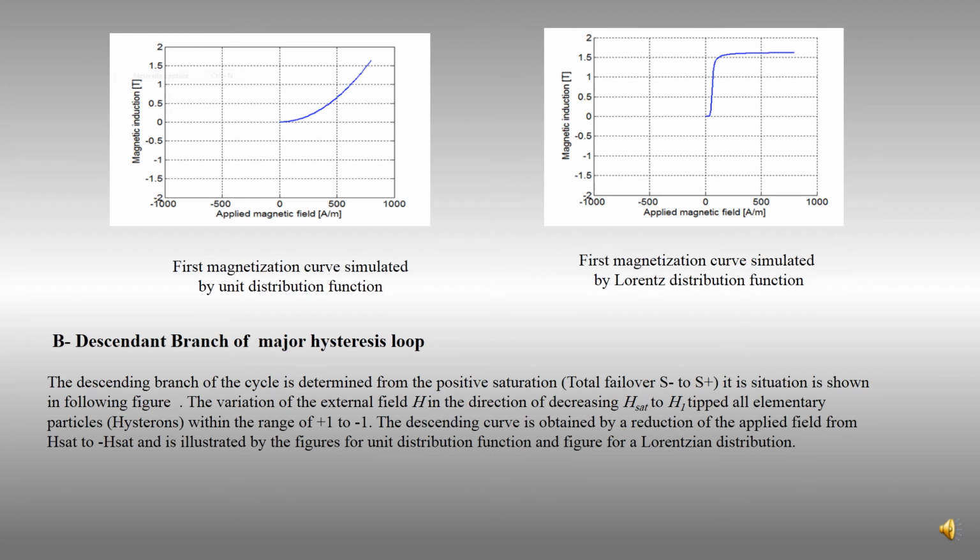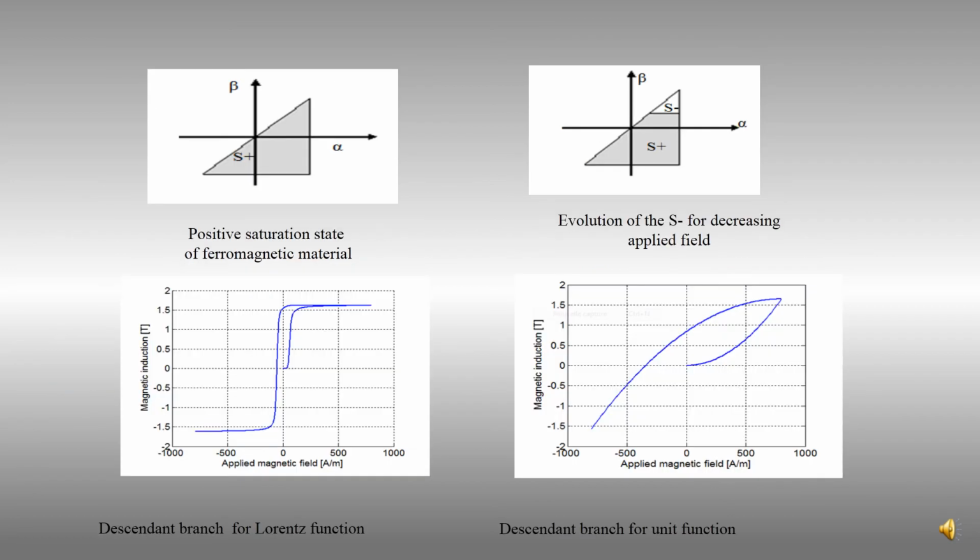presenting the unit distribution function and the Lorentz distribution function. The first triangle shows the positive saturation state of the ferromagnetic material, and you can see the second triangle when the magnetic field is decreasing in the material shown in the Preisach triangle.